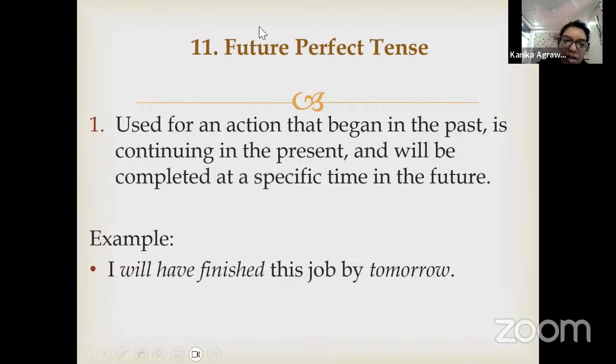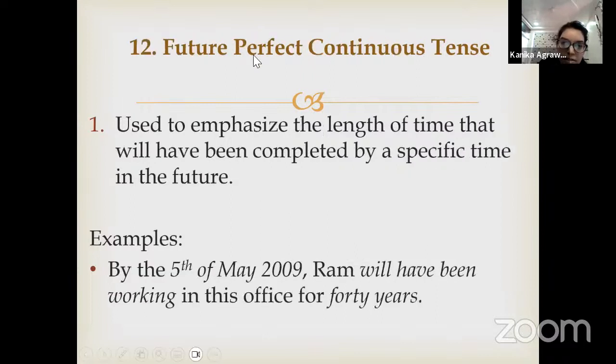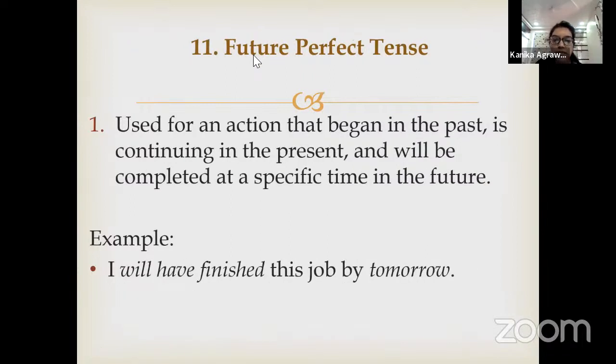Can someone give me one example of future perfect tense? Someone. Only one example.